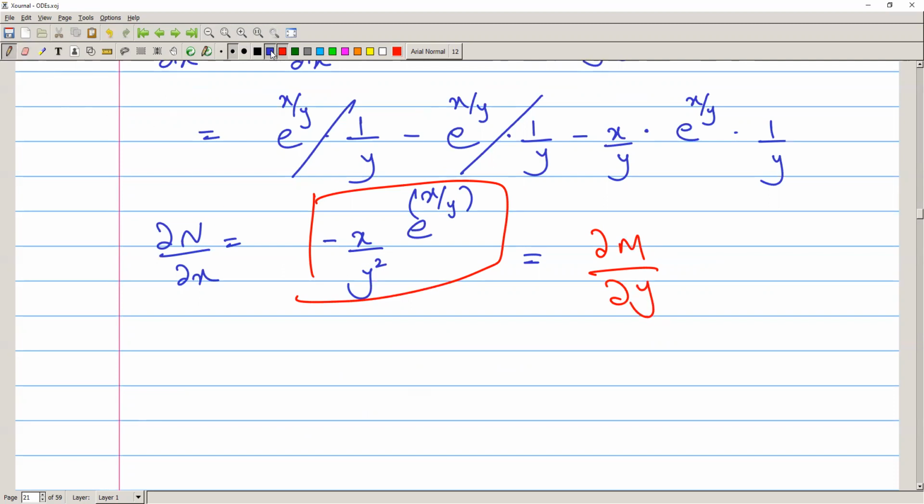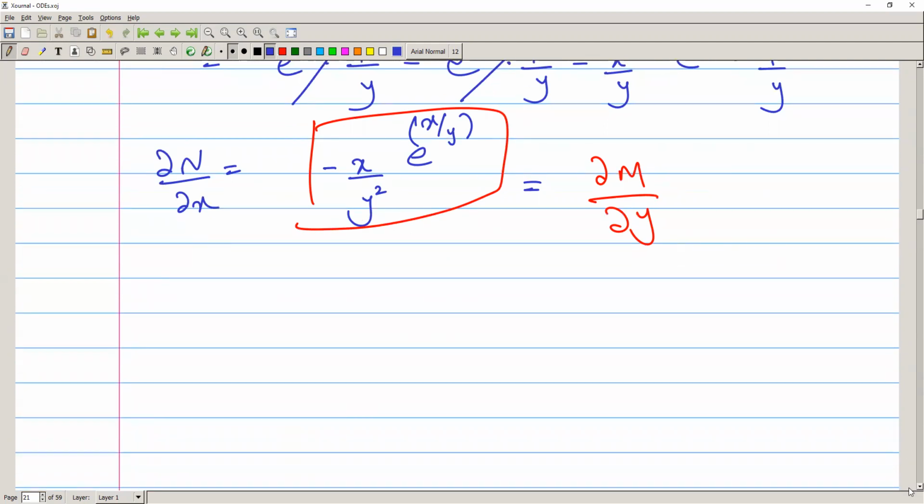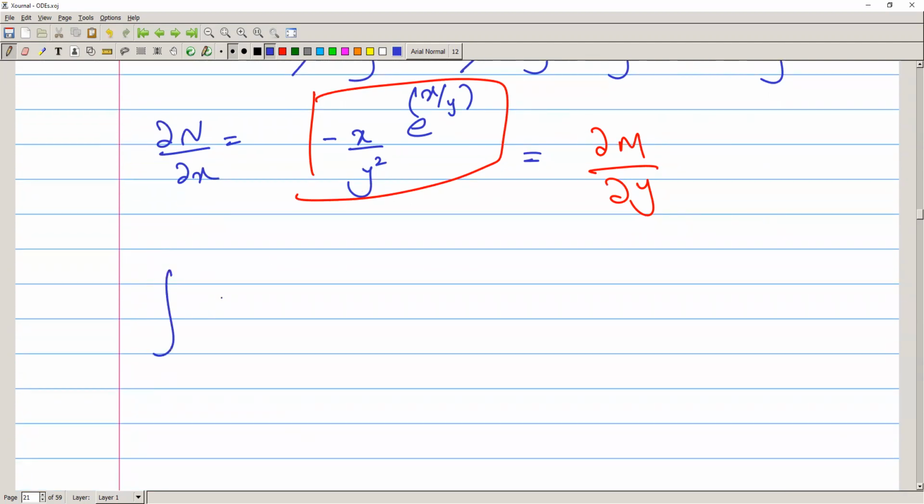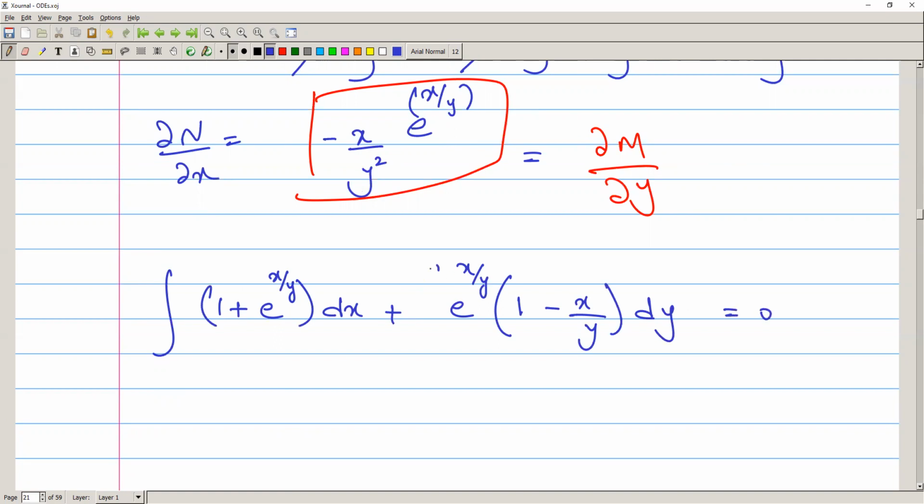So now we can solve it by simple integration. So it will be 1 plus e to the power x over y times dx plus e to the power x over y times 1 minus x over y dy is equals to 0.